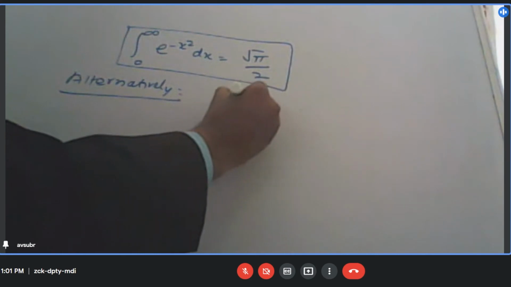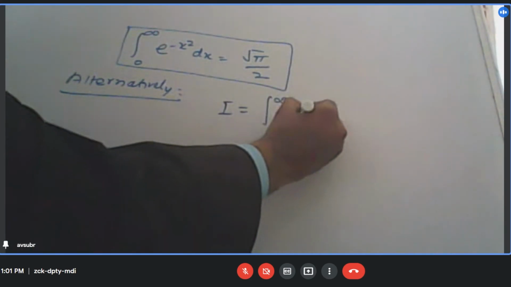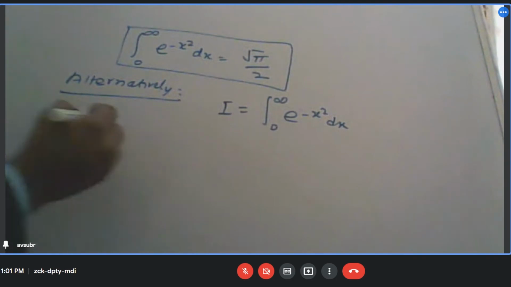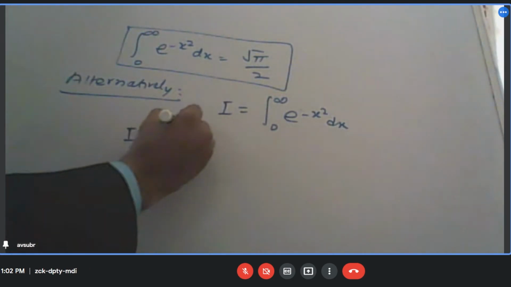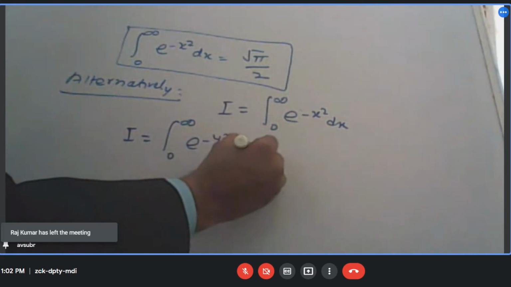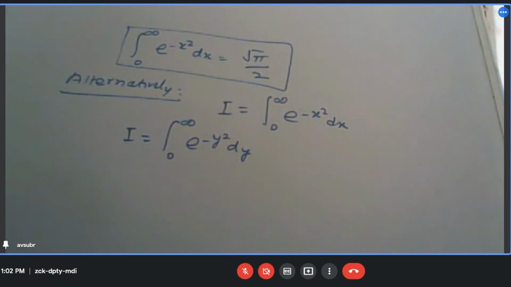So let us consider that this integral is equal to I, and this is the integral from 0 to infinity of e to the power minus x square dx. This is the integral given to us. Now, because of the symmetry, let me consider that this is also I, and this is the integral from 0 to infinity of e to the power minus y square dy. There is no difference between these two integrals; I have only changed x to y.